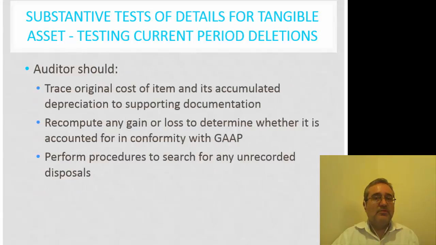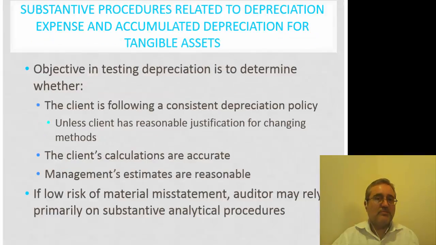When we're looking at period deletions, we need to trace the original cost of the item and its accumulated depreciation, make sure that has been removed appropriately from the financial statements, recompute any gains and losses to determine if they've been accounted for appropriately, and then perform searches for any unrecorded disposals.